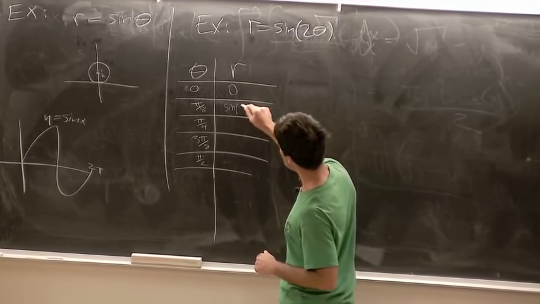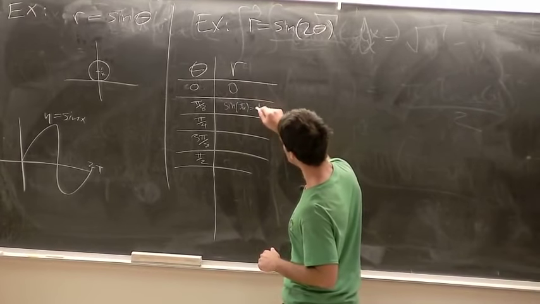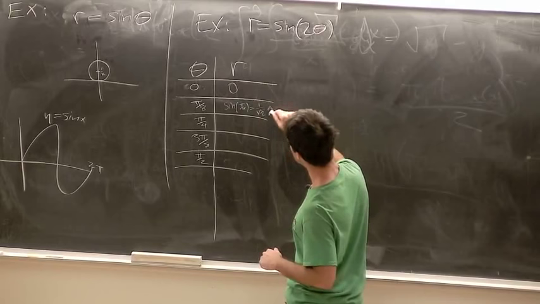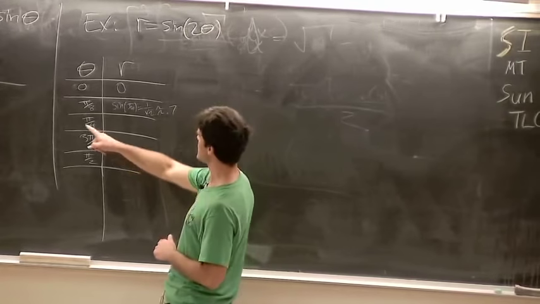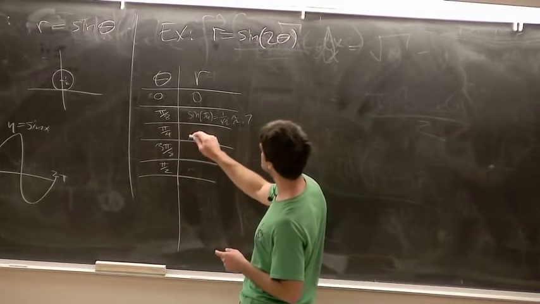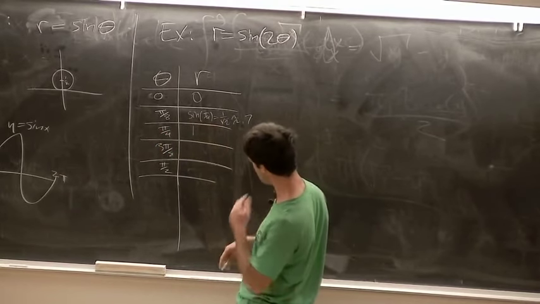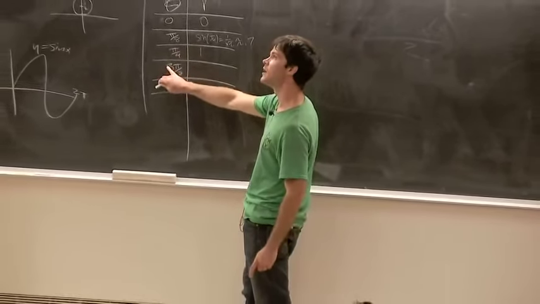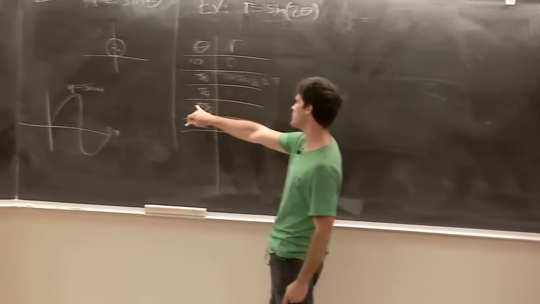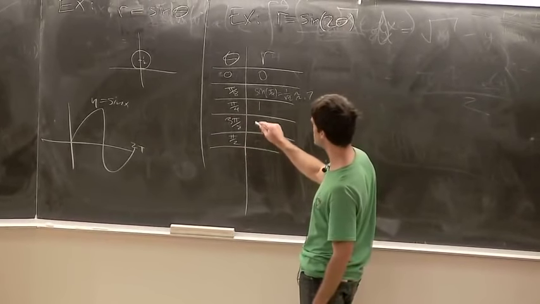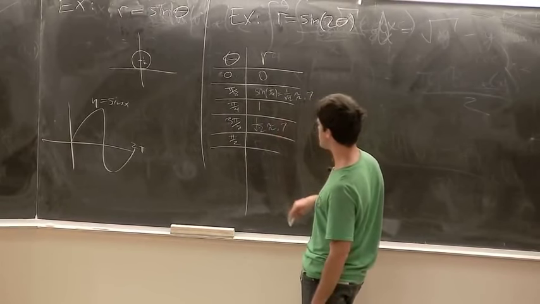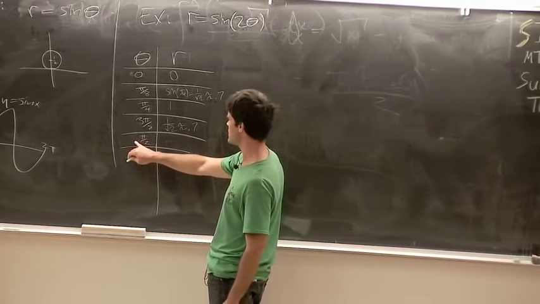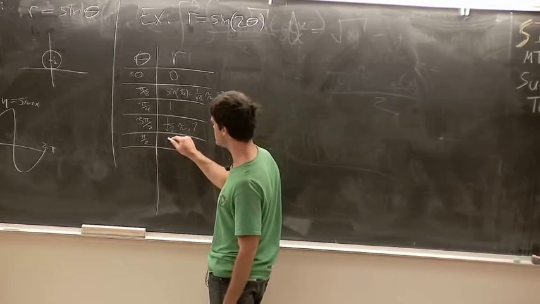Sine of pi over 4 is 1 over root 2, which is approximately 0.7. Sine of pi over 2 is 1. Sine of 3 pi over 4 is also 1 over root 2, about 0.7. Sine of pi is 0.